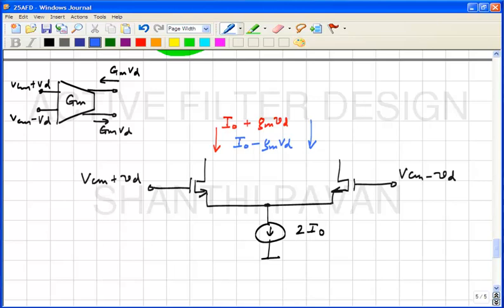We want the GM times VD, we do not want the I naught in both the currents. So what do you do if you have something which is the sum of something you want and something you don't want, and you want to get rid of the something that you don't want? You need to subtract I naught. Okay, so you have a current, you need to subtract I naught. So what law will you use to subtract I naught?